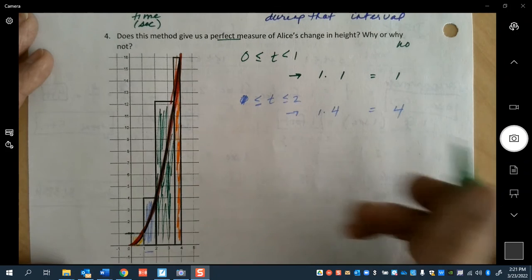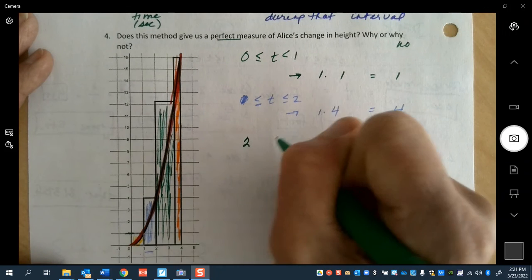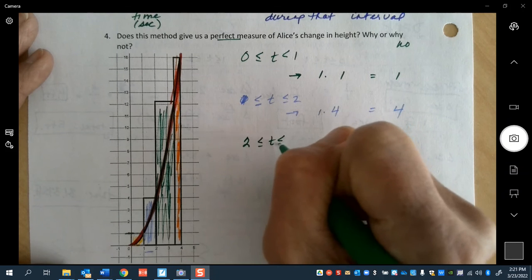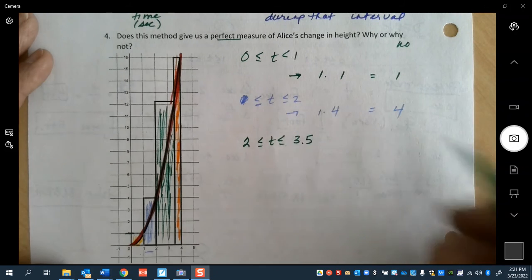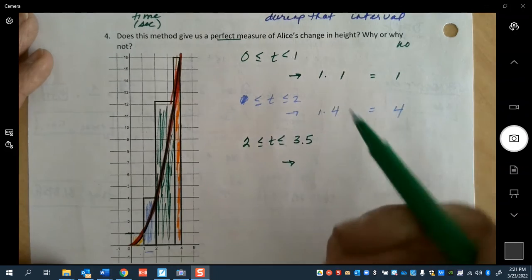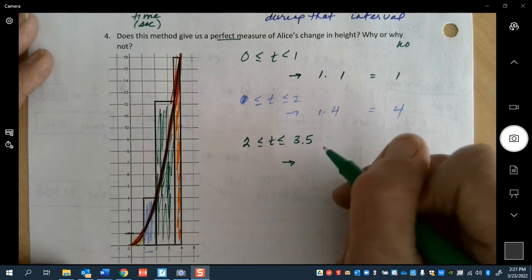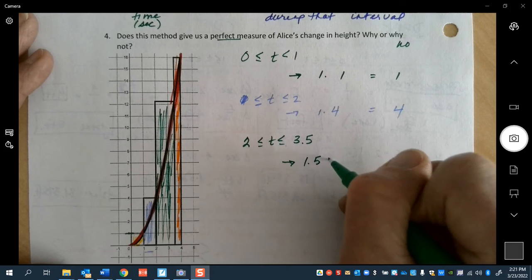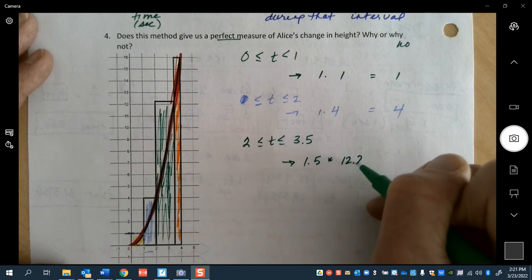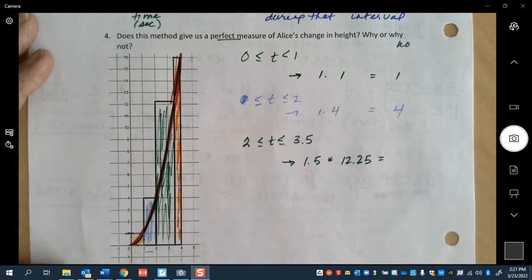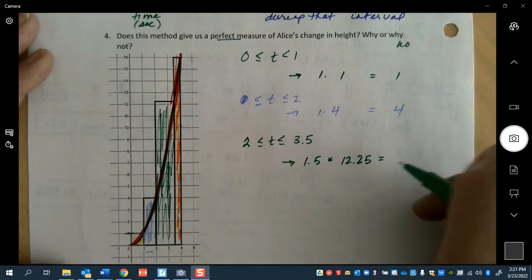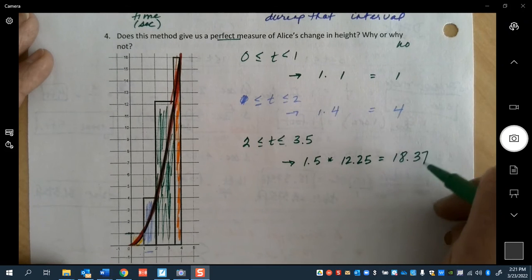When I talk about between 2 and 3.5, I'm up to, what was that, 12.25? And what did that end up being? 18.375.